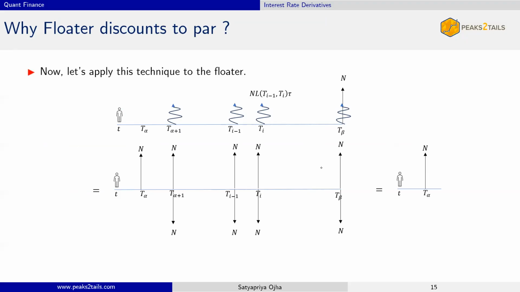So we had this original floating rate bond, right? Floating payment starting from T alpha plus 1 every single time until T beta. And there is also a notional payment at the end because it's a bond. Now, this guy, I can write as this and this. The next one also, I can write as this, and there will be an n here.